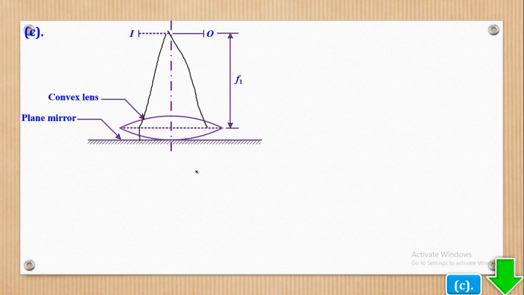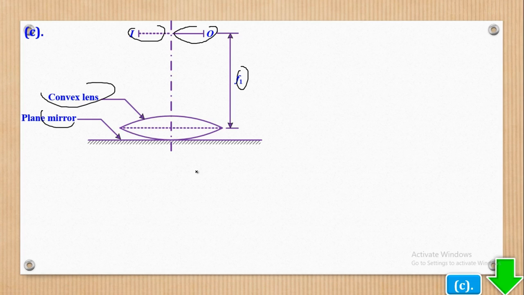But because this is an experiment, it's not a ray diagram, so we don't need to show any ray because we're not going to derive anything. What we need is how the setup of the apparatus will look. So this will be the object pin, and this is the image. I think this is dotted. This distance will be the focal length, convex lens, plane mirror.